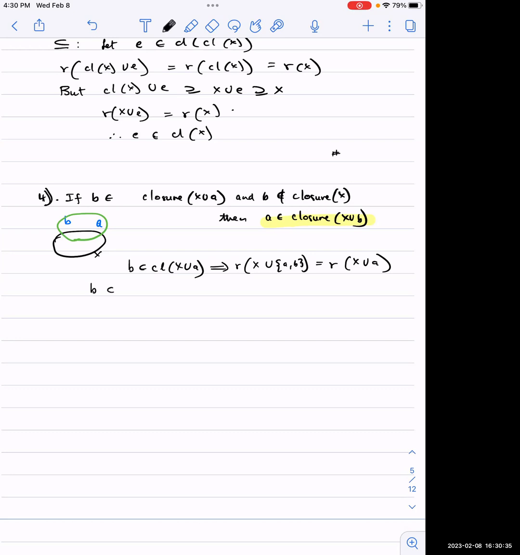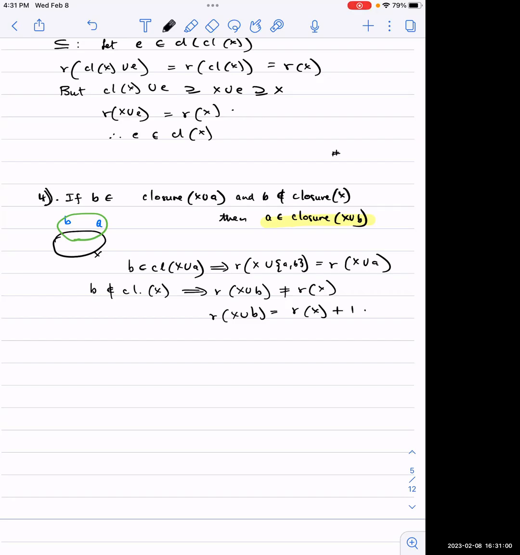And B is not in the closure of X, right? What that means is that the rank of X union B is not the rank of X. But it's not going to be smaller, it's a larger set. So the rank of X union B is equal to the rank of X plus 1.